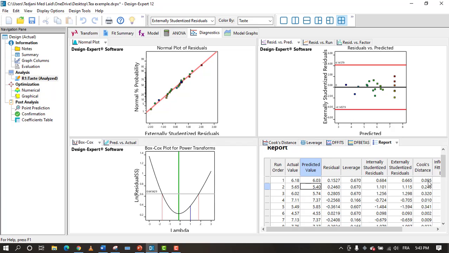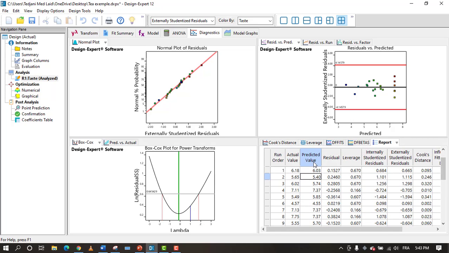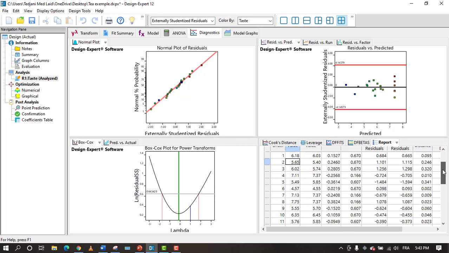They are very close to each other, which means that our model is predicting the values in a good way. If our model needs a transformation, we will find it here. The software will recommend a transformation in this area.